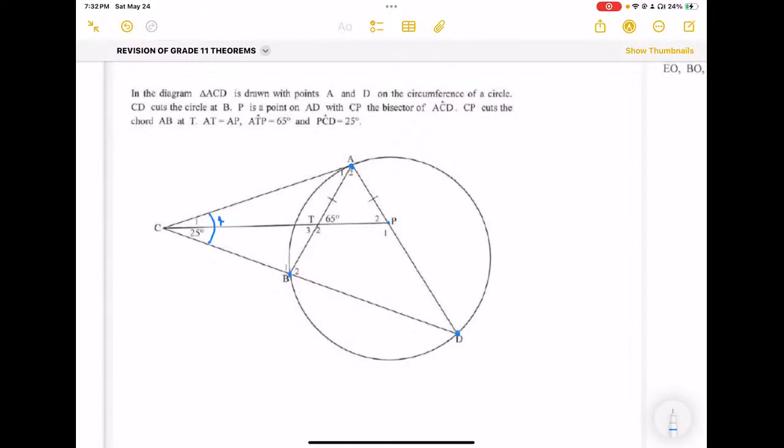So let's talk about bisector, right? Here is the first key word, bisector. What does bisector mean? It means it cuts an angle into two equal parts, right?